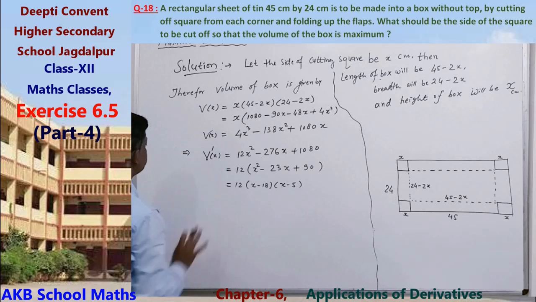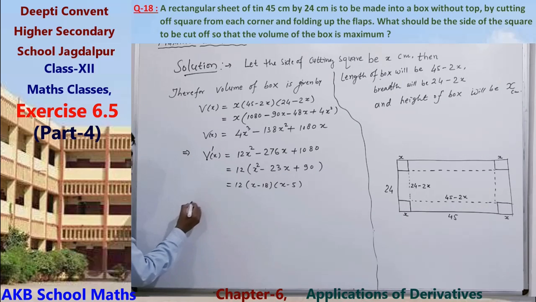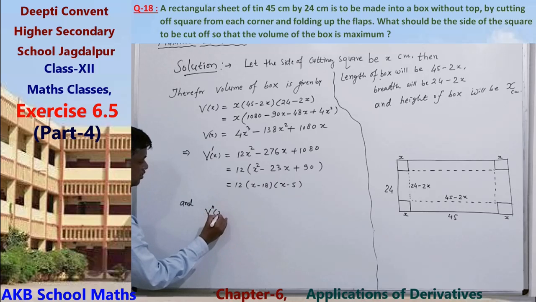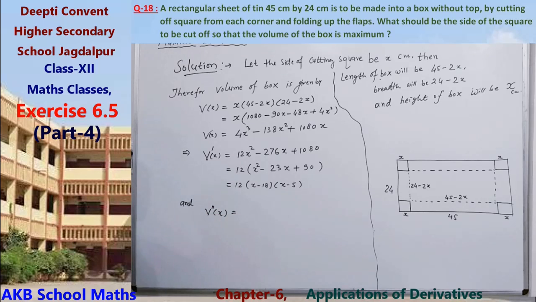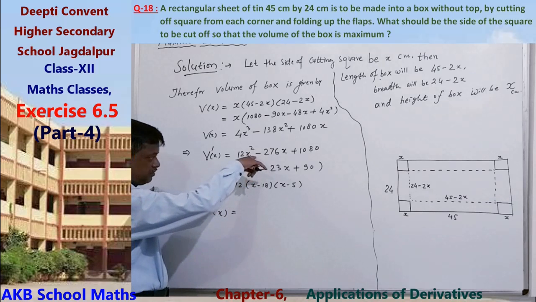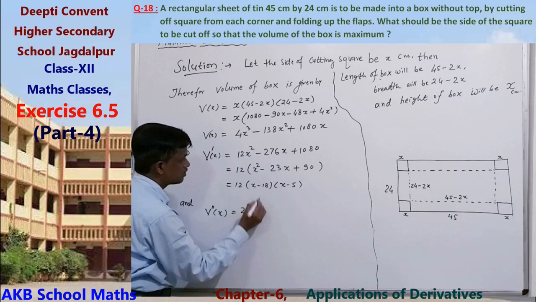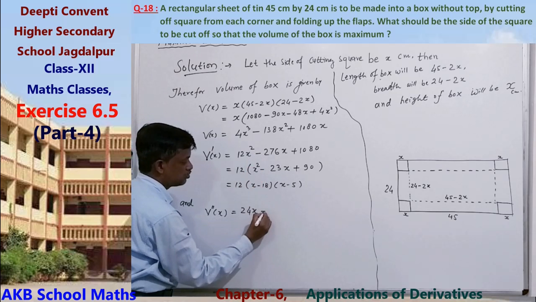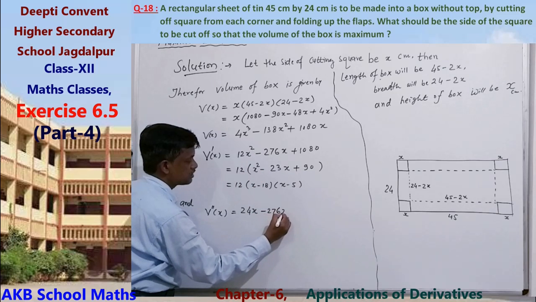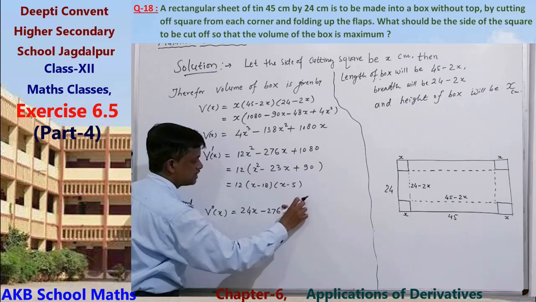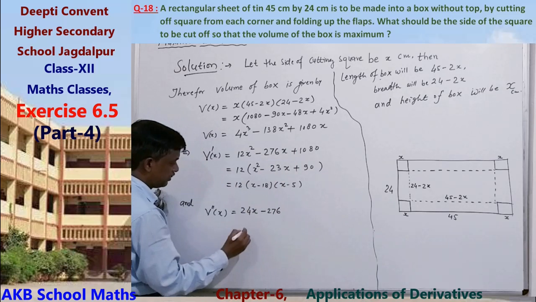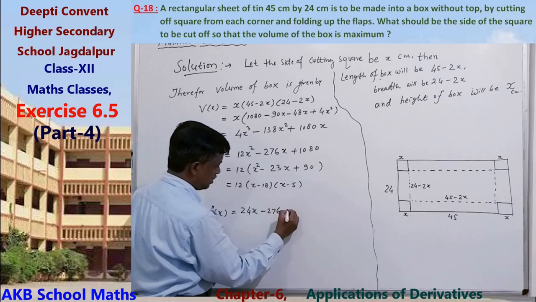Also find the second derivative from here. So 2 into 12, 24x minus 276, and this is V double dash.